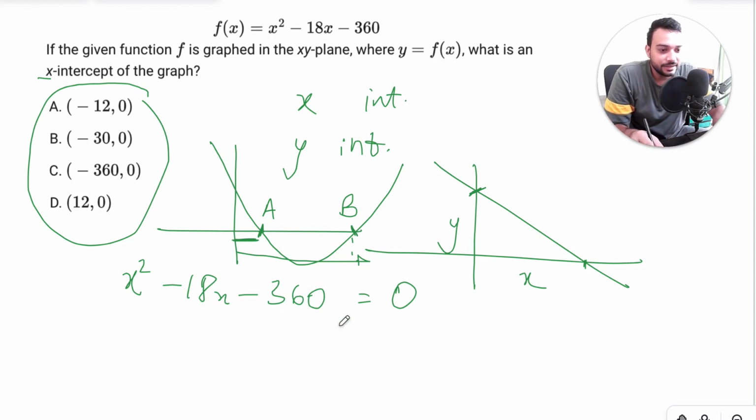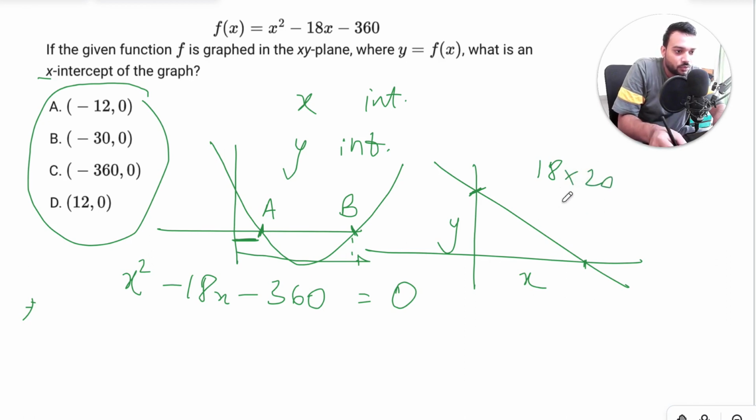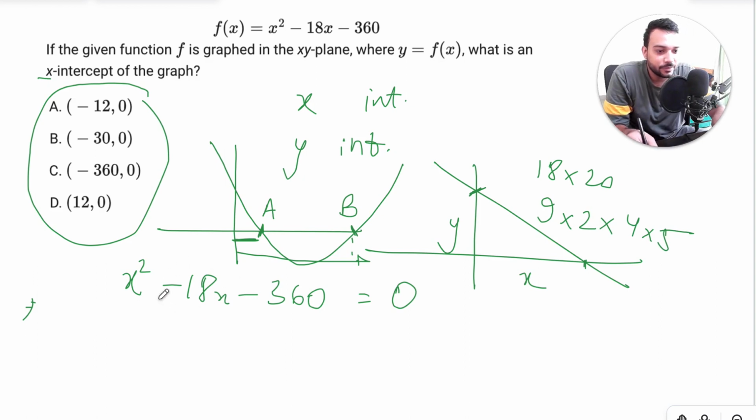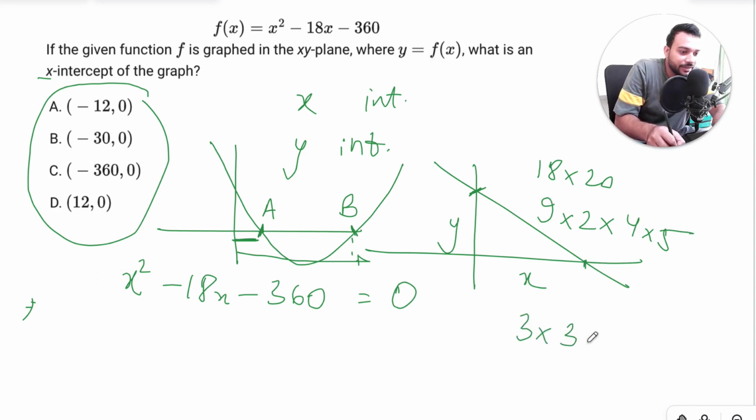So 360, let's split it up into two parts. 360 can be written as 18 times 20, or we can break it down further, 9 times 2 times 4 times 5, and see what adds up to negative 18. Let's split it further: 3 times 3 times 2 times 4 times 5.